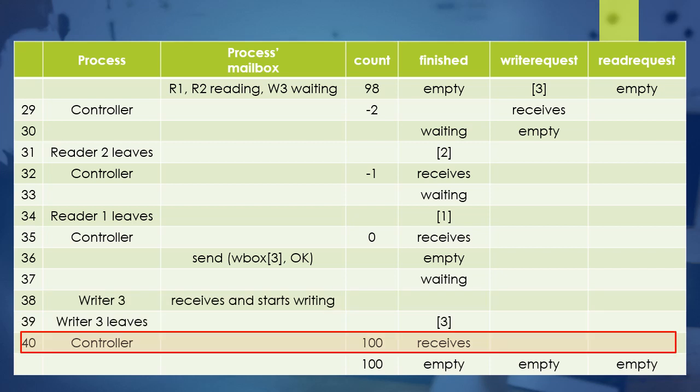The message from writer 3 in the finished mailbox unblocks the controller, which sets count back to 100. Since count is greater than 0, the controller starts checking mailboxes. All mailboxes are empty. Throughout this trace, you must have noticed that we always serve the writers first and that the writers access the file mutually exclusively.